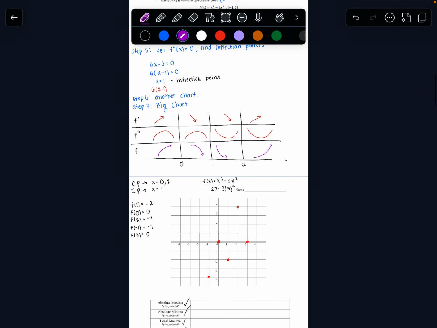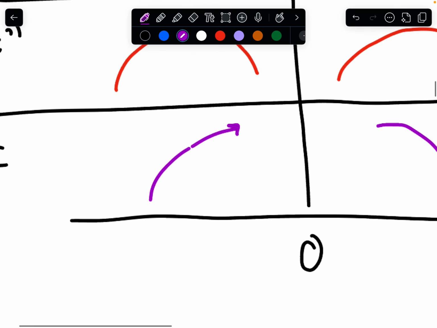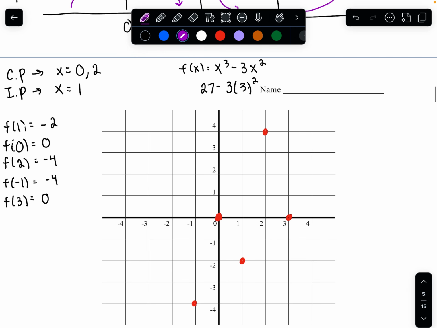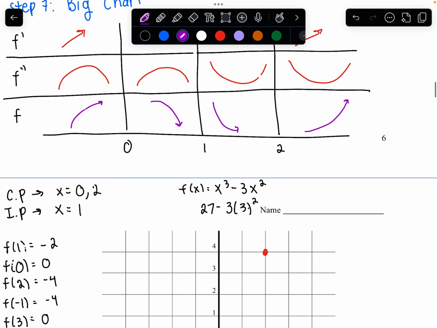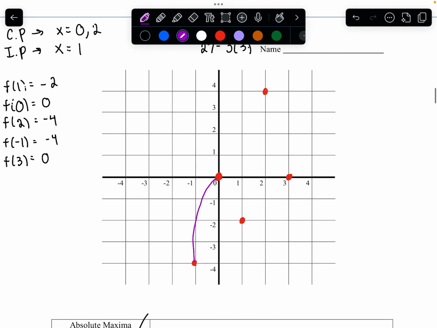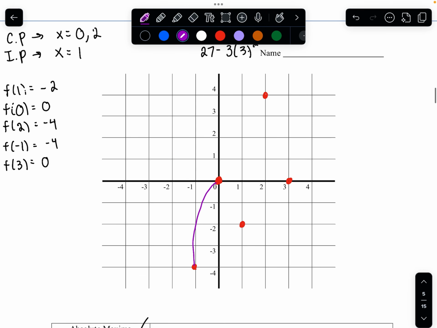Okay, so what we're going to do is we're going to basically connect the dots according to this, okay? So between -1 and 0, I'm going to look here. So that's increasing concave up. Between 0 and 1, it looks like I'm decreasing concave up. Decreasing concave down.